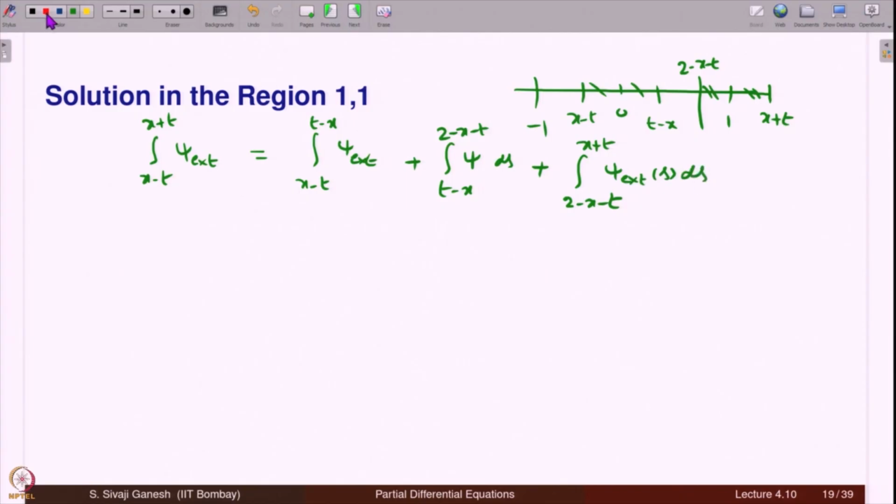Now, here the first integral is actually twice the integral from 0 to t minus x, because psi was extended as an even function due to even extension.